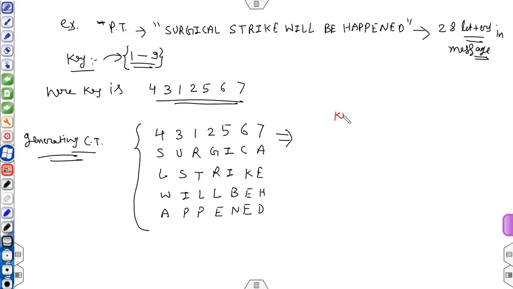So I'm writing here the key again, and the position of each of the letters, we can say. Okay, so the key is nothing but 4 3 1 2 5 6 7.